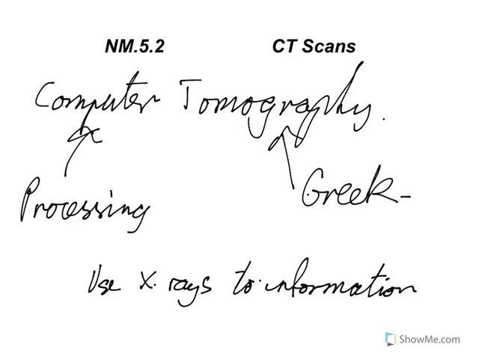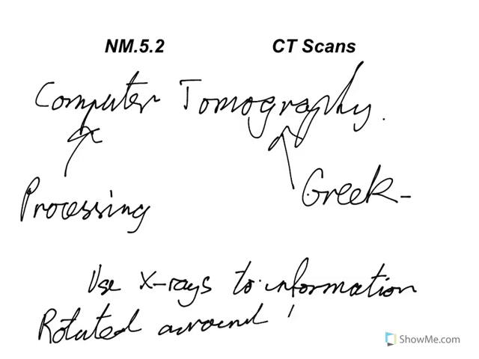And the main thing is they don't just take X-rays from one direction, they take X-rays from all different directions. So the X-ray machine is rotated around the patient. Rotated is the other missing word there.